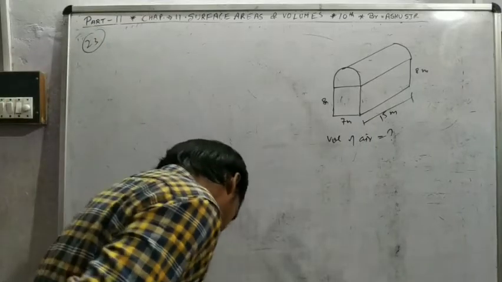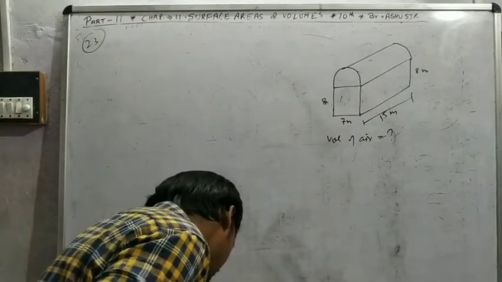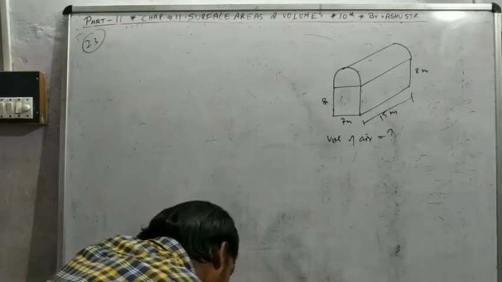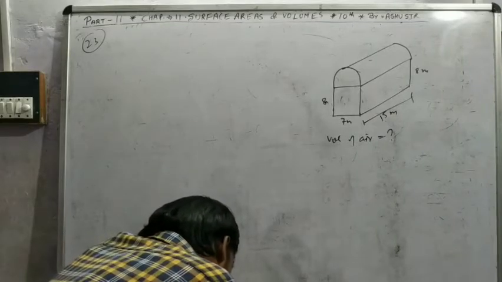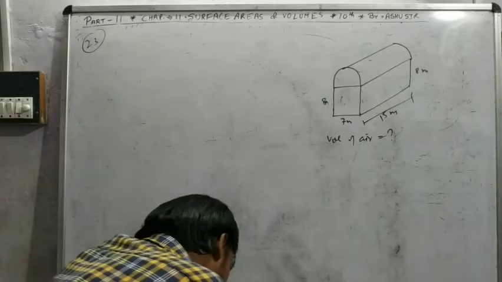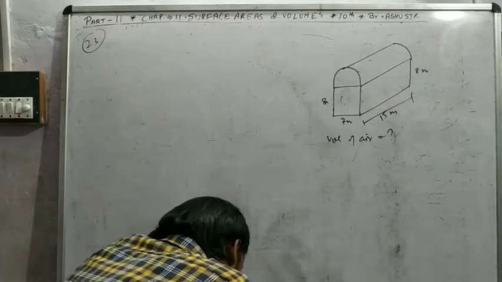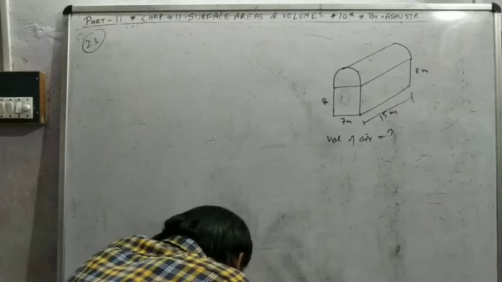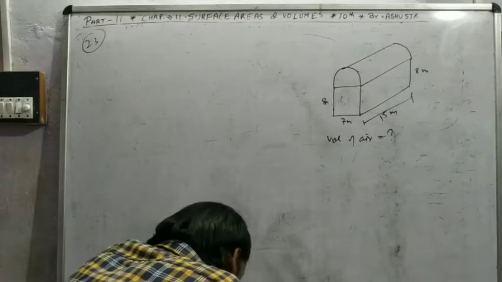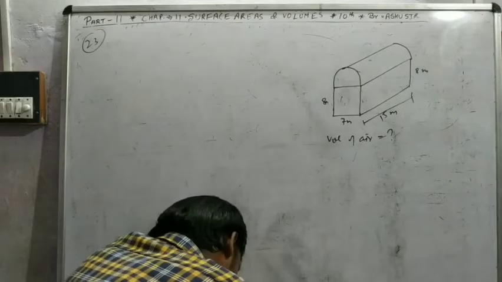And next, suppose the machinery in the shed occupies a total space of 300 meter cube, and there are 20 workers, each of whom occupies about 0.08 meter cube space on average. Then how much air is in the shed?